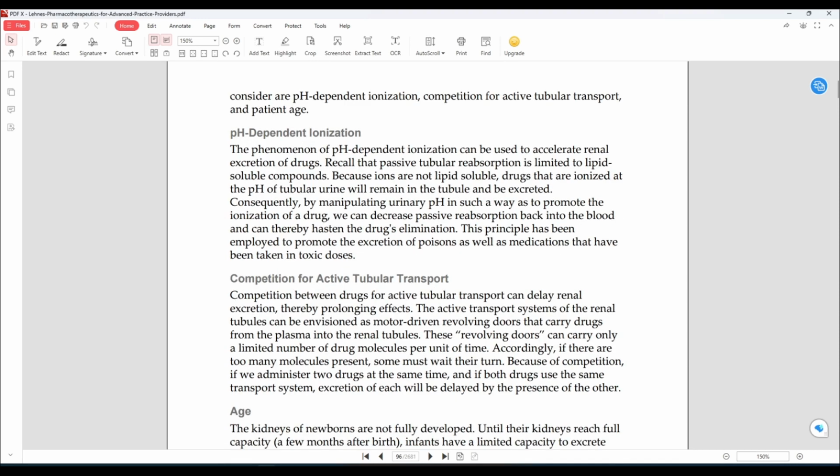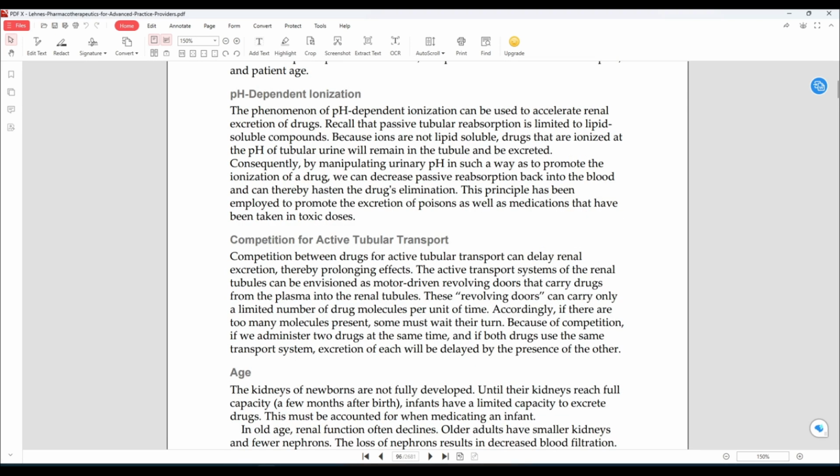So, pH-dependent ionization. The phenomenon of pH-dependent ionization can be used to accelerate renal excretion of drugs. Recall that passive tubular reabsorption is limited to lipid-soluble compounds. Because ions are not lipid-soluble, drugs that are ionized at the pH of tubular urine will remain in the tubule and be excreted.